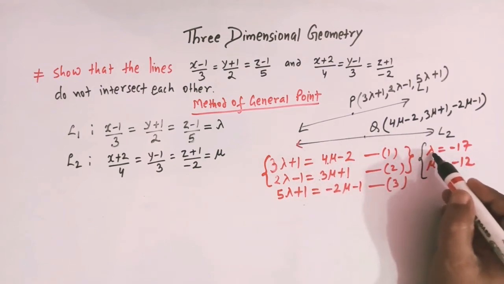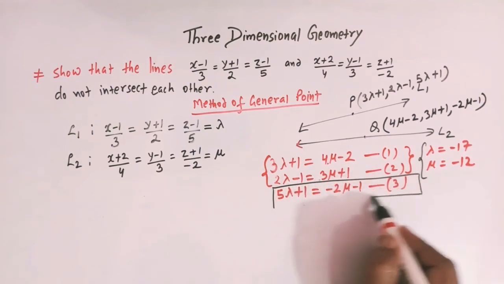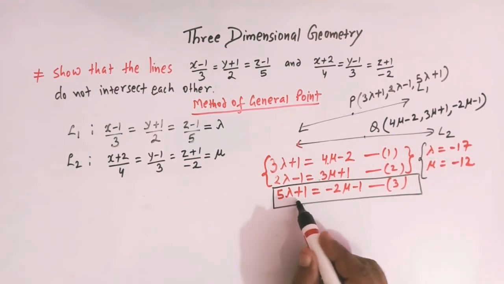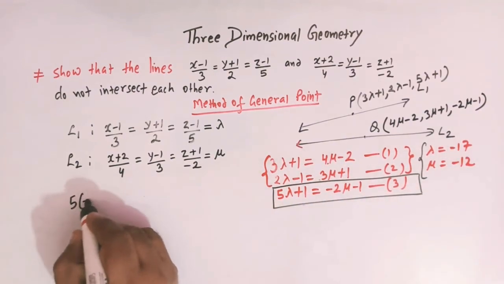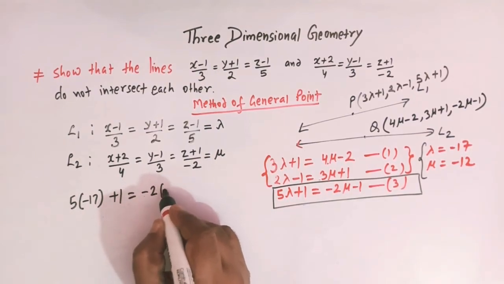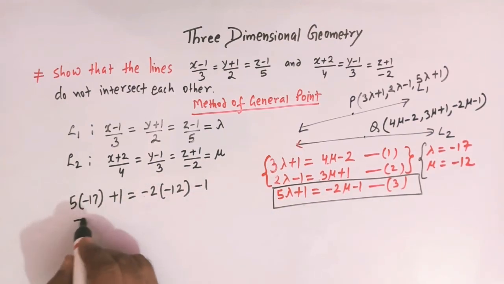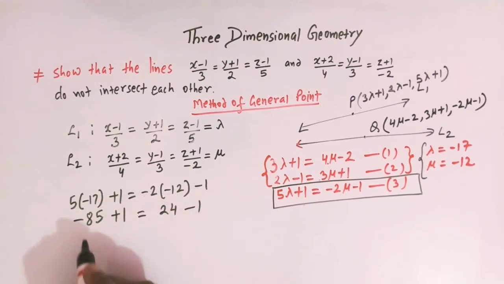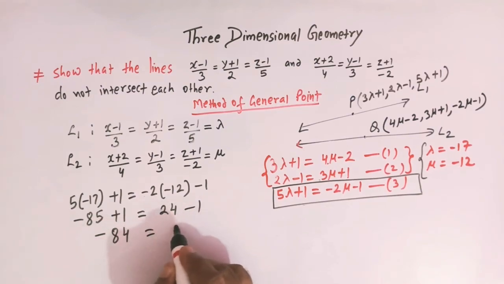Now we'll substitute these values in equation number 3 and see whether these values satisfy this equation or not, right? So we'll get 5 times λ, which is -17, then plus 1, equal to -2 times -12, and then minus 1. So this is -85 + 1, this is 24 - 1, so this is -84, and this is 23, right?